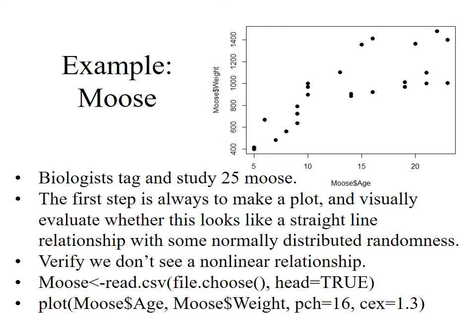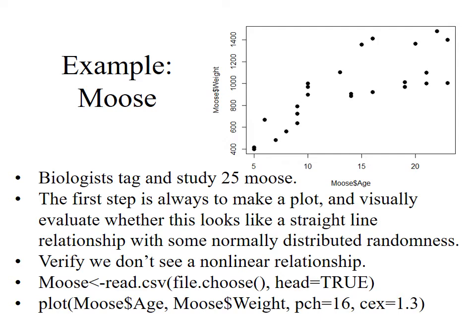So in this case, the biologist measured the age of each moose and the weight of each moose. And so we want to take a look at this. So we read in the data file. We're doing a plot command here, age on the x-axis versus weight on the y-axis. Usually for the x-axis, we choose the thing that is at least a potential cause factor, and we put the response variable, the potential effect factor, on the y-axis.